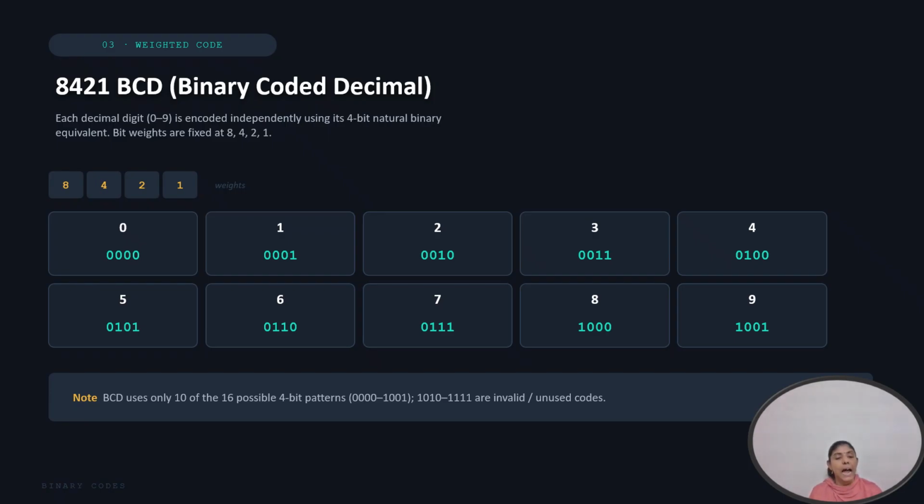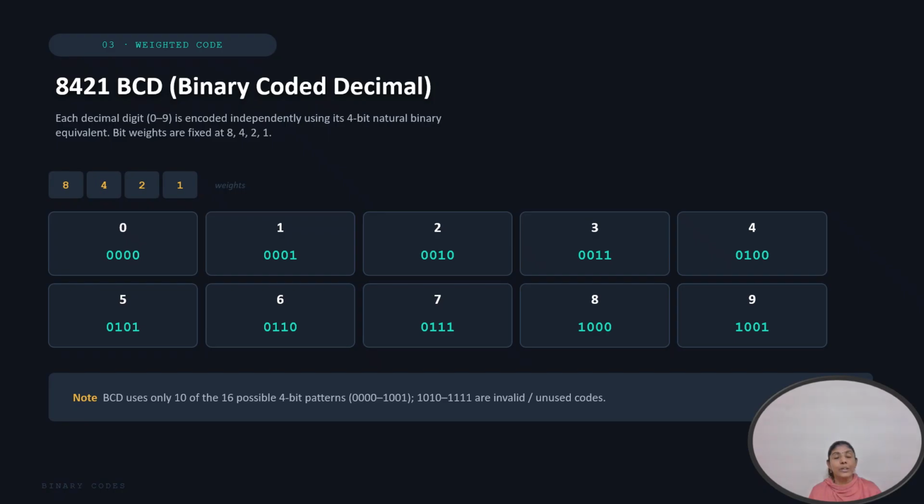8. 8 alone weight on, other places weight off. 9. 8 plus 1 is 9. So 8 and 1 weights on, other places are weights off. So for a BCD, remember it uses only 10 of the 16 possible codes. You already know the 8421 code is from 0 to 15.